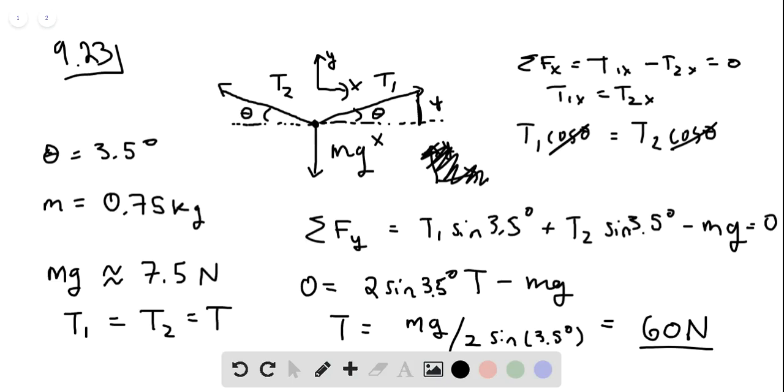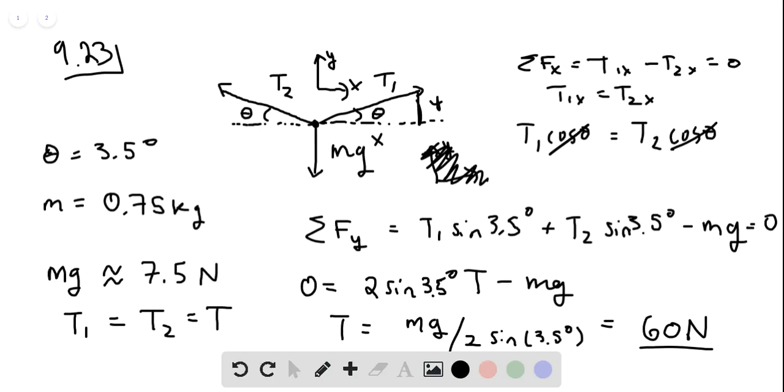So the bottom left relation is correct, and we can replace T1 and T2 in the sum of the y forces equation to give us 2T times sine of 3.5 degrees minus mg. And then T very clearly becomes 60 newtons after some algebra, just adding mg and then dividing by the factors on T. So we understand completely now why 60 newtons is the tension.